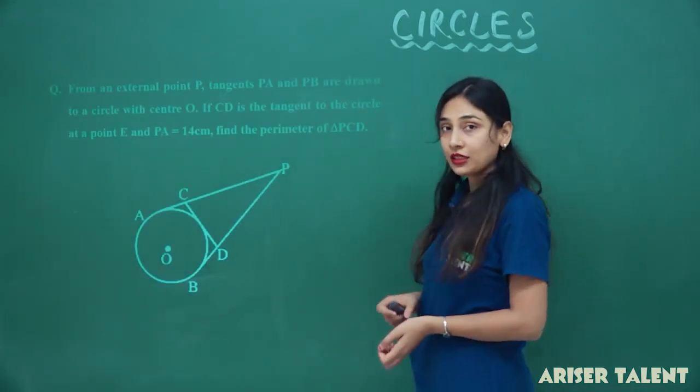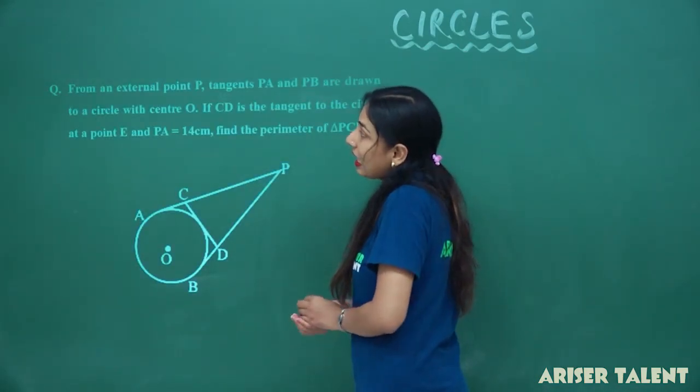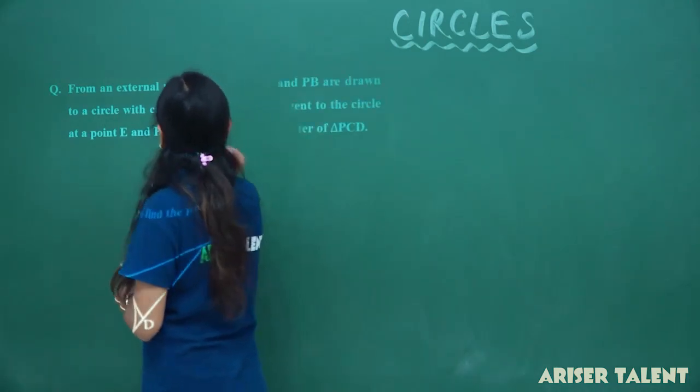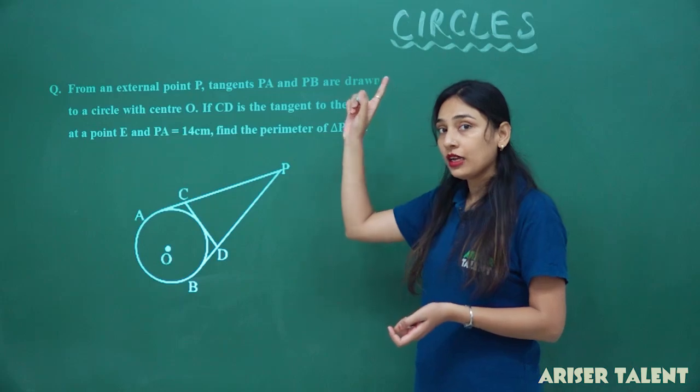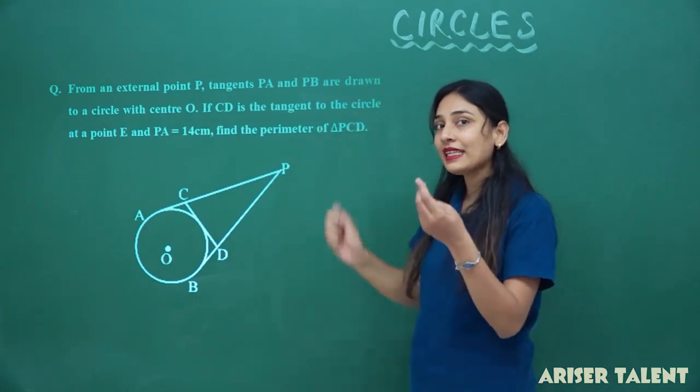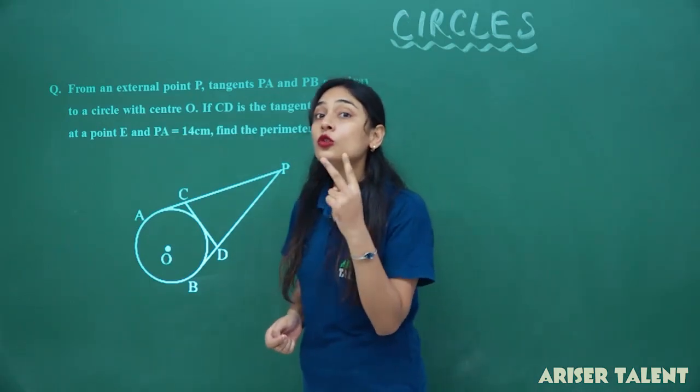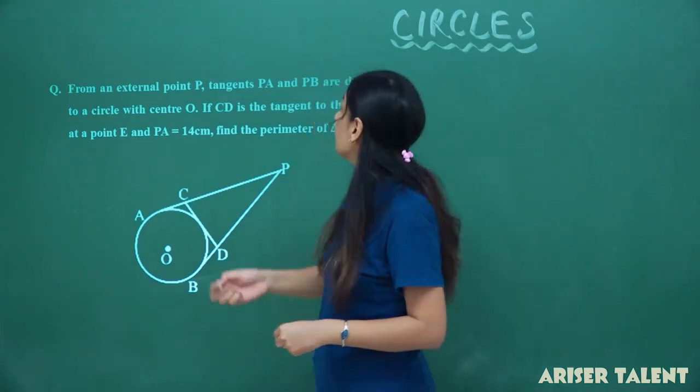Here's the question. From an external point P, remember that from an external point I can have at most two tangents drawn to a circle.